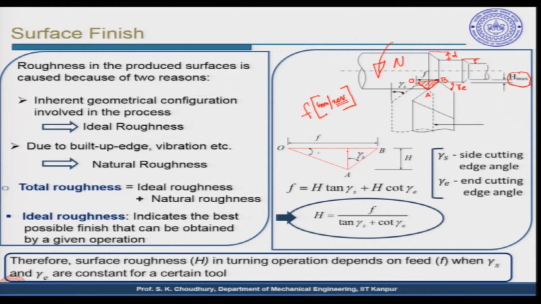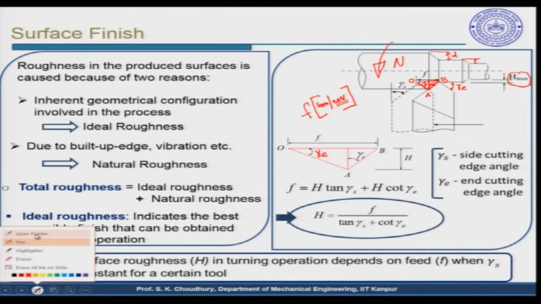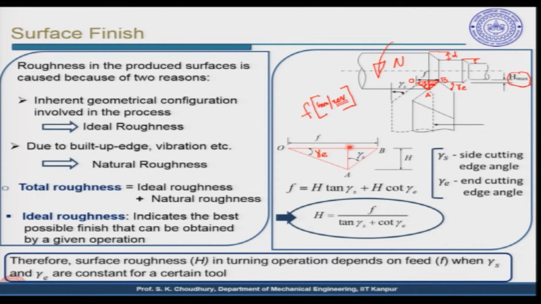Now, in this triangle, this is the angle gamma S, which is the side cutting edge angle, and this is the angle gamma E, which is the end cutting edge angle. As I said, the end cutting edge angle is this, and this will be the side cutting edge angle if you put a normal to the OB from the A. So, from A we have taken a normal on the OB, as shown here.